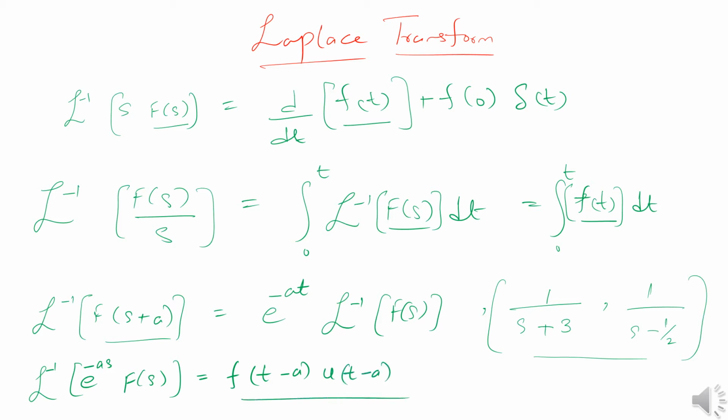So this property deals with unit step functions. We solved some problems on these properties, and now we will move on and take some more examples on the second shifting property of Laplace transform, so that you may understand it well.